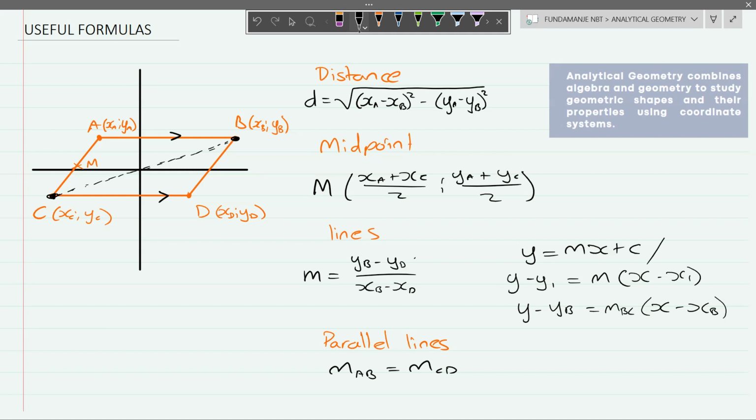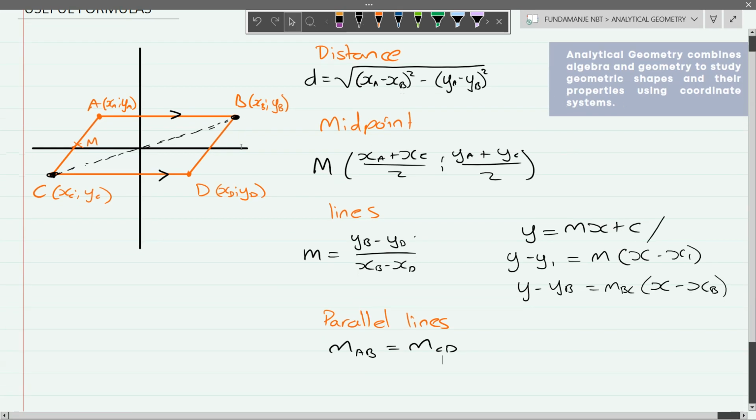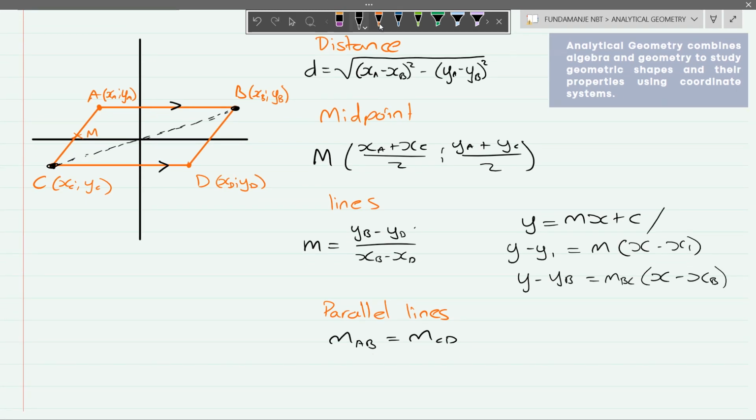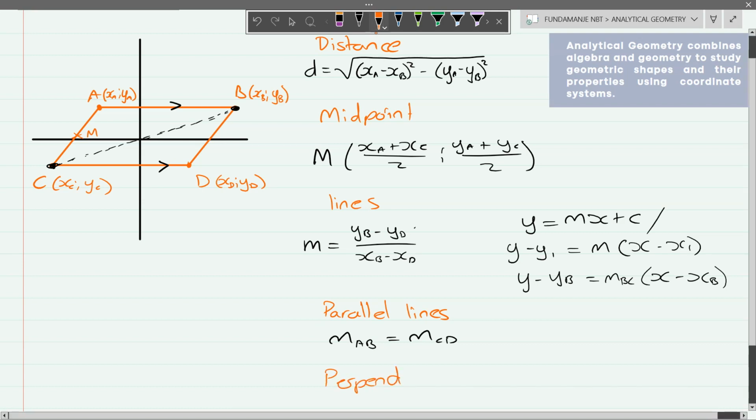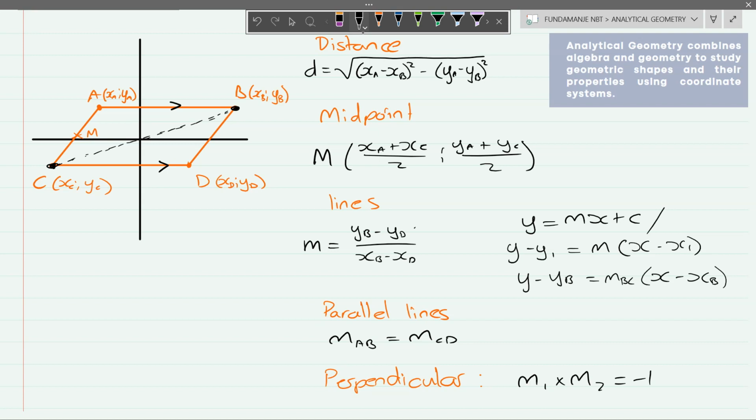And for perpendicular lines, although we don't have any perpendicular lines in our drawings, we can set the rule for them as well. If we take the gradient of one of the lines multiplied with the gradient of the other line, we are supposed to get -1.